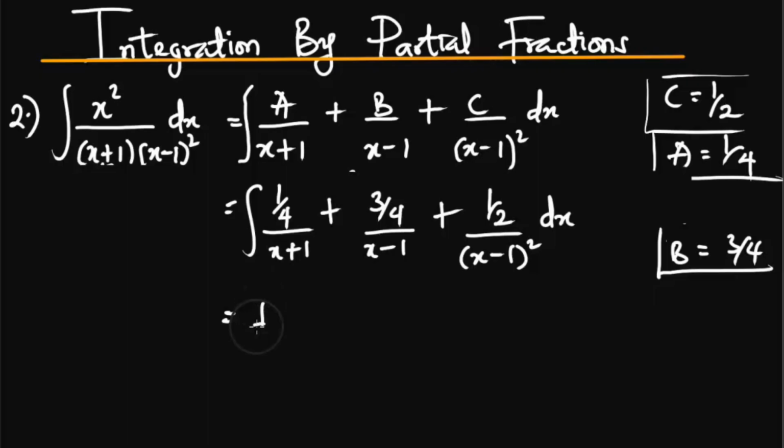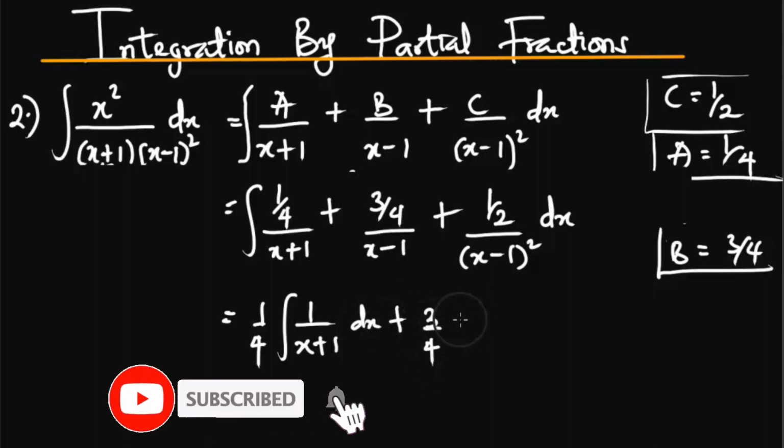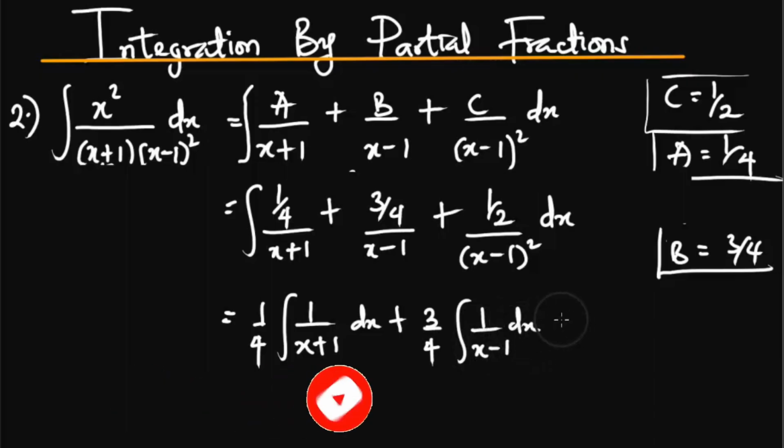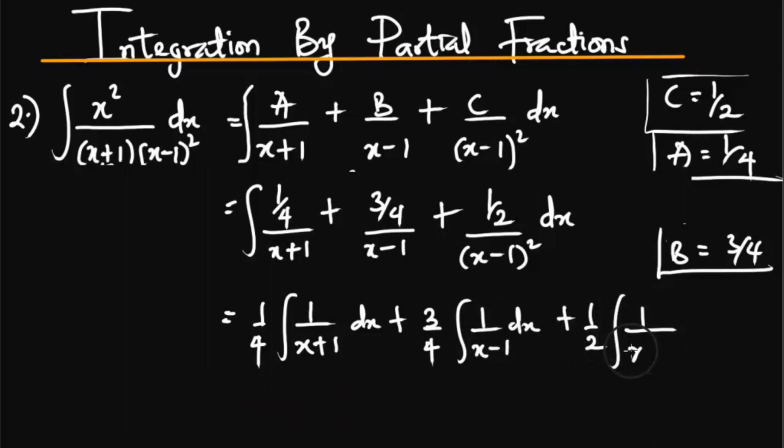So we have 1 over 4 integral 1 over x plus 1, right, dx, plus 3 over 4 integral 1 over x minus 1 dx, plus 1 over 2 integral 1 over x minus 1 squared, right, dx.